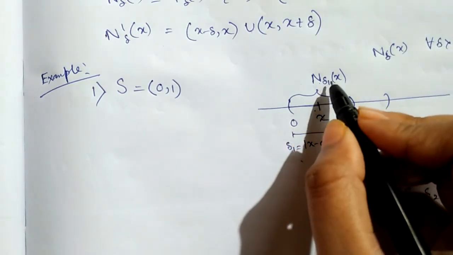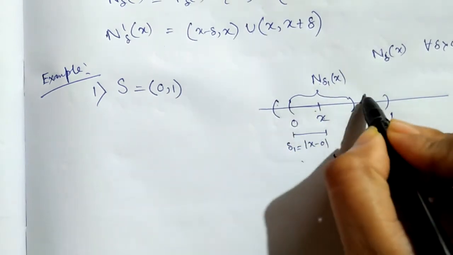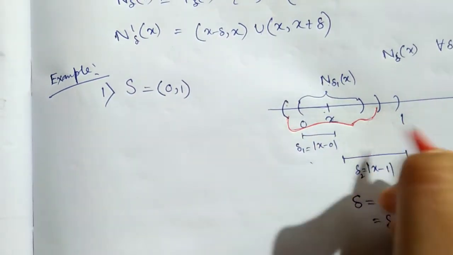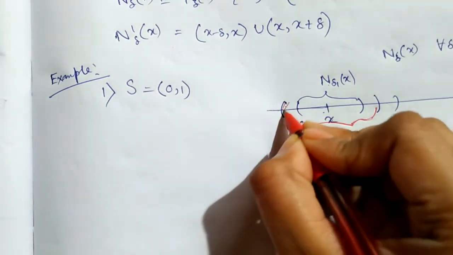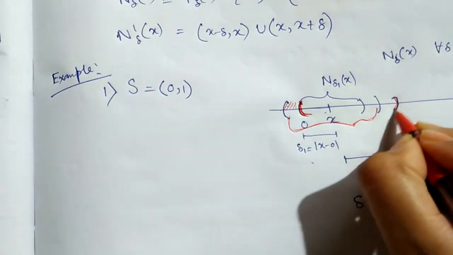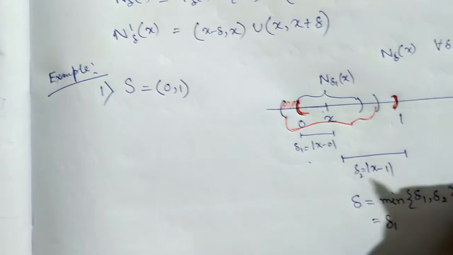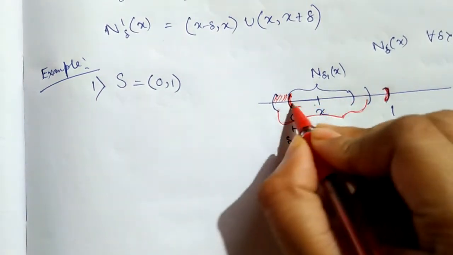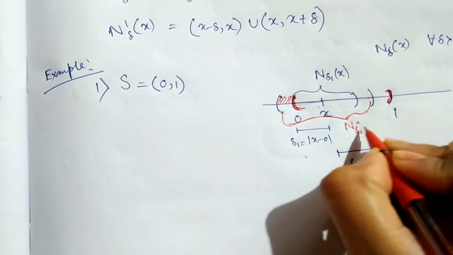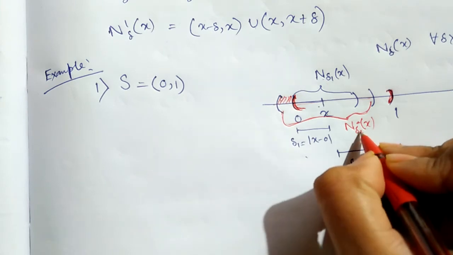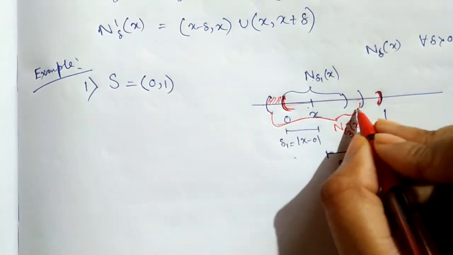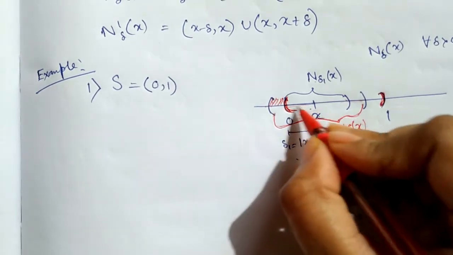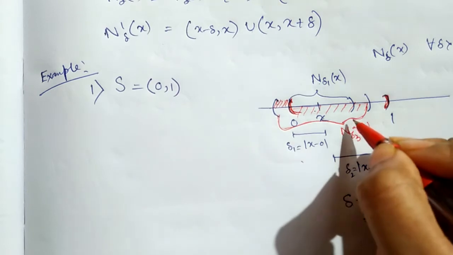Now if we increase the value of delta, suppose this is our next try, then we can see that this portion is outside of S, because S is (0, 1), and this portion is outside of the set S. But don't worry, because in this neighborhood, suppose delta 3, this section is inside S, so this neighborhood contains a point of S other than x.